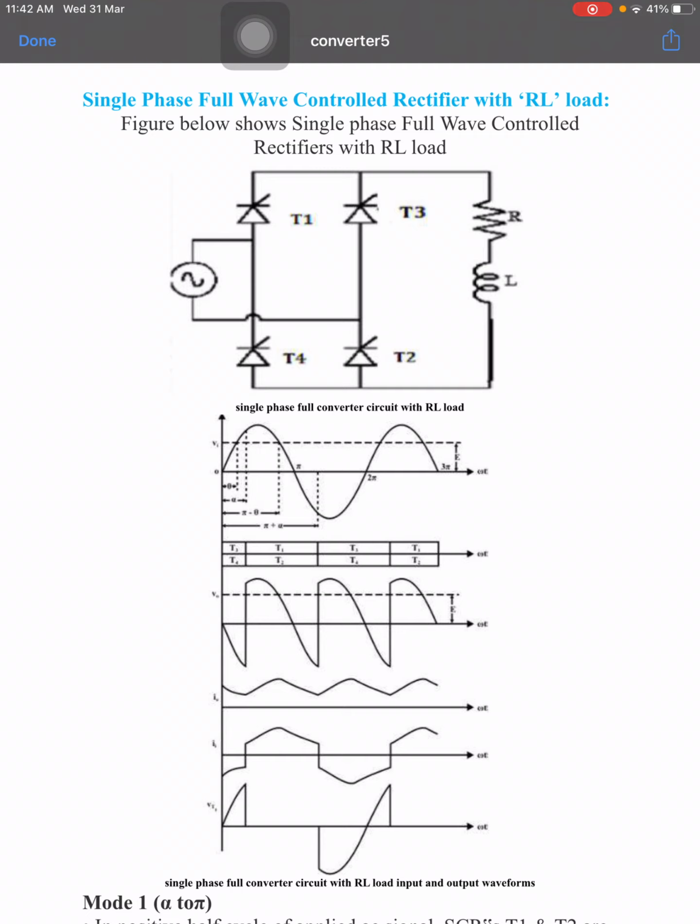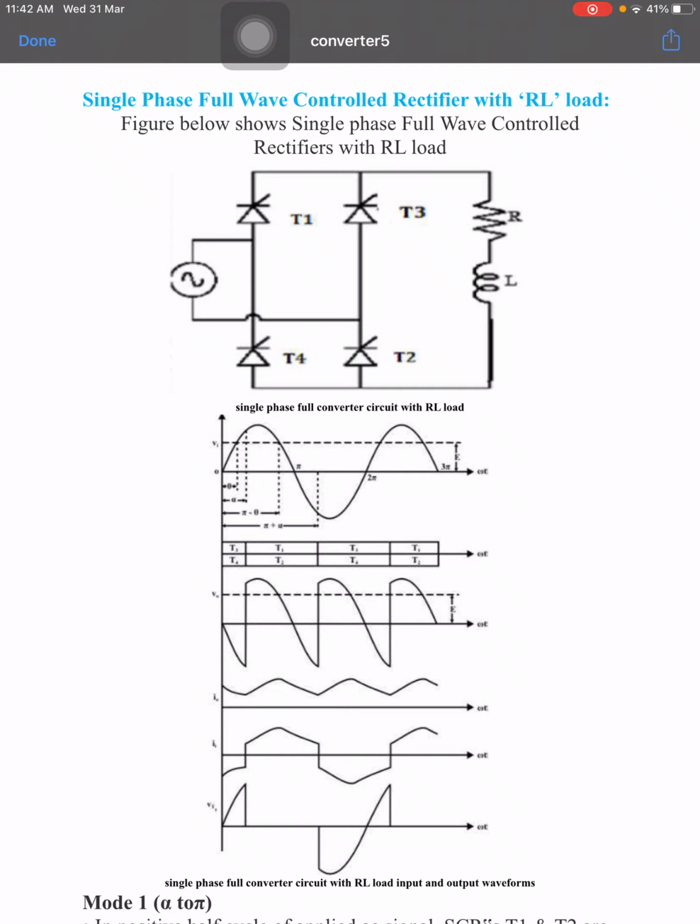So the thing is, the energy stored in the inductor also reduces and reaches zero, and only then should the thyristor be turned off. That is a mandatory and compulsory point. The inductor discharges whatever energy is stored and reaches zero, and only then should that particular thyristor be in the turn off condition.